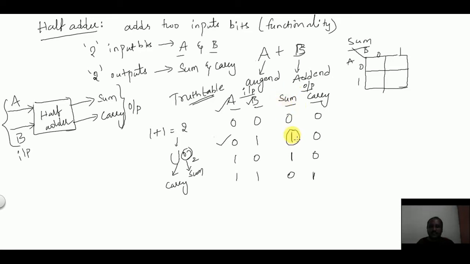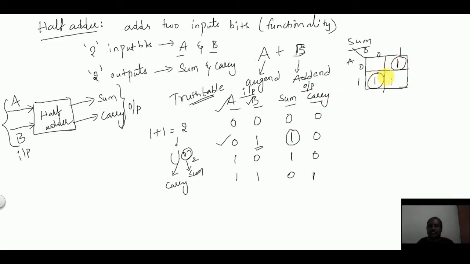For sum, the output is 1 when A is 0 and B is 1, and when A is 1 and B is 0.